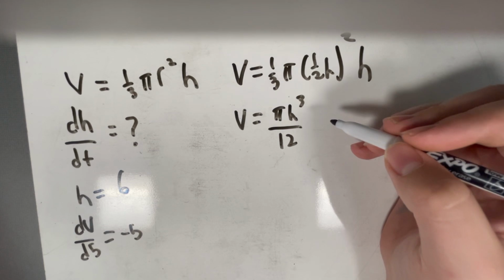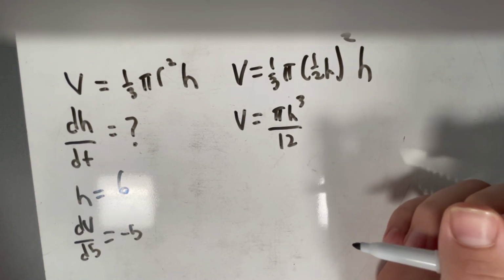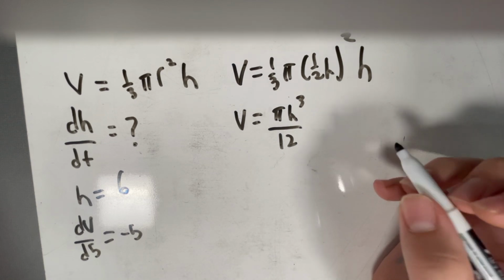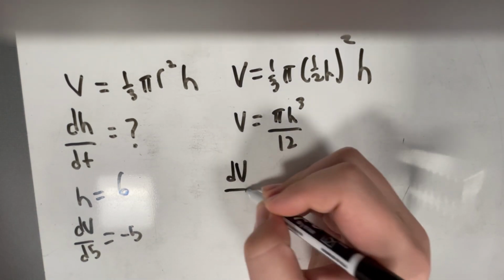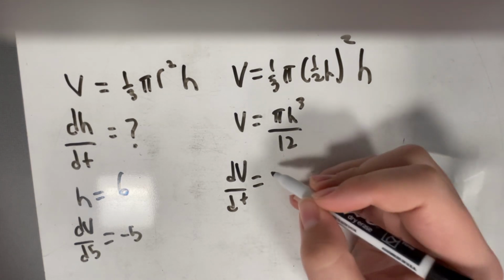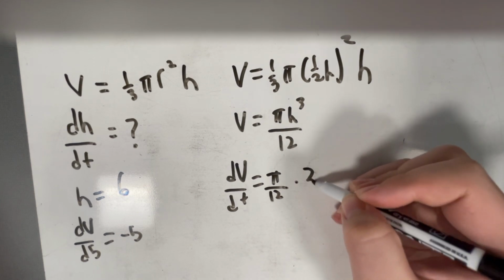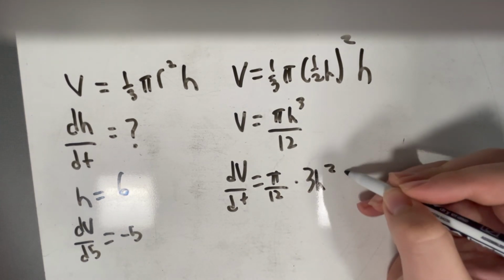Now we have to differentiate that, so dV dt comes out to pi over 12 times 3h squared dH dt.